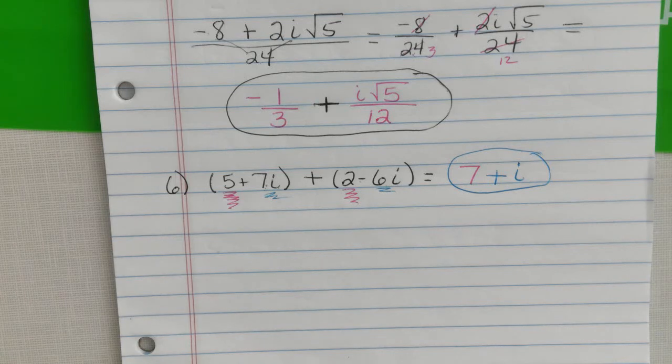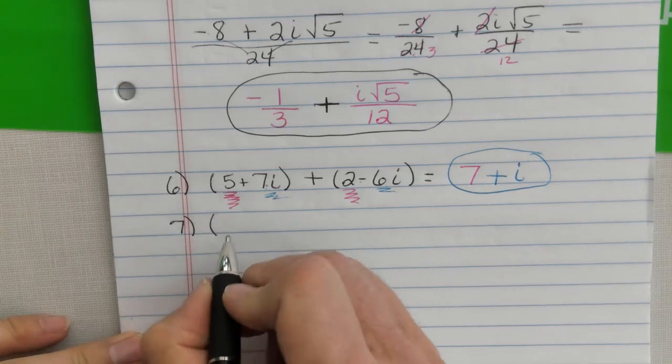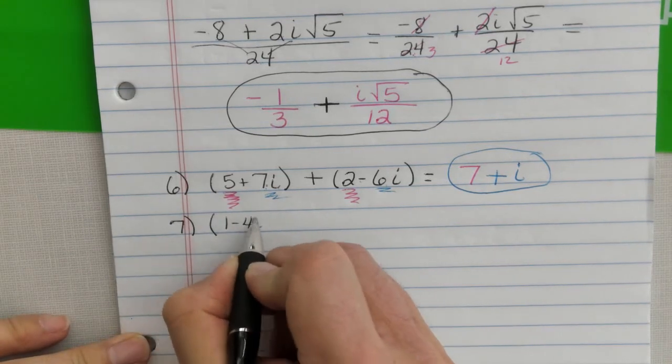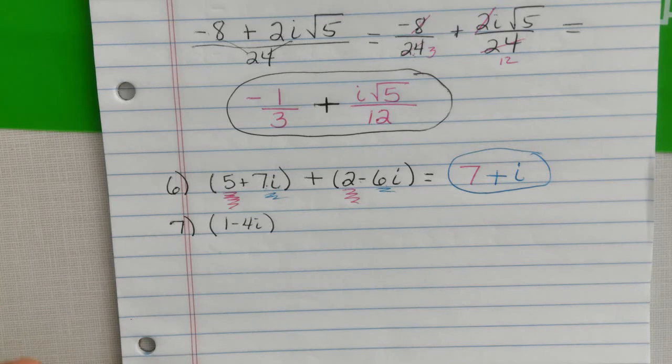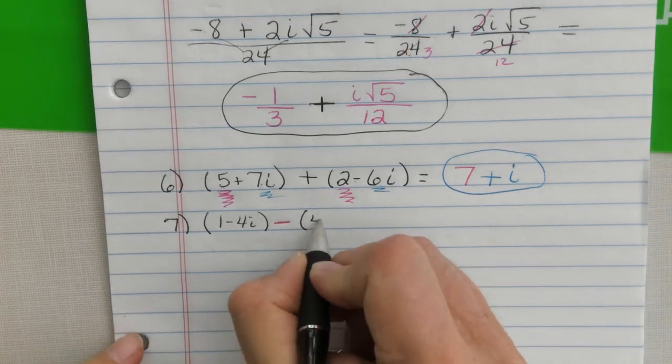Let me write it out first. 1 minus 4i. And then I'm going to put the minus in a different color. Minus 4 plus 5i.